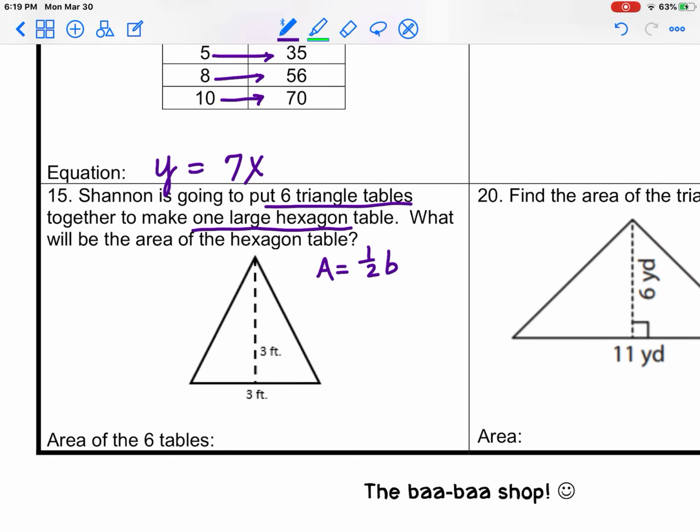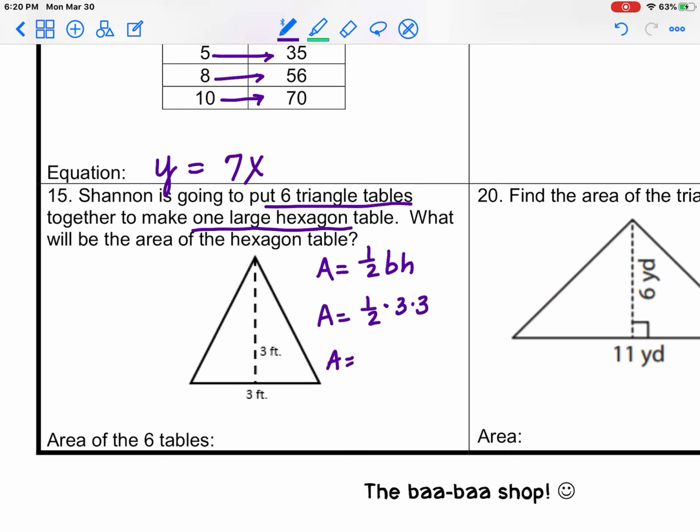Area of a triangle is 1/2 base times height. So if we filled in the formula, area equals 1/2, base is 3, and the height is 3. So we multiply that out. Easier than doing 1/2 times 3 times 3.